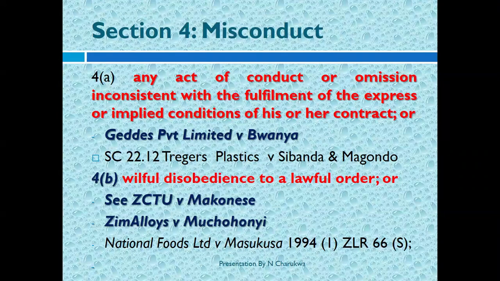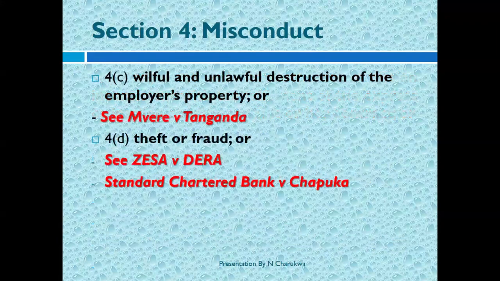So willful disobedience to a lawful order, basically, we are simply saying the employer has given an employee a direct order in what they are supposed to do, and then the employee, within their own conscience, within their own rights, within their own volition, and not under duress, they decide not to follow that order. It is a dismissible offense. You can see ZCTU versus Makonese, Zim Alloys versus Mchohanyi. You can also see that one as well. That's the second offense, willful disobedience to a lawful order.